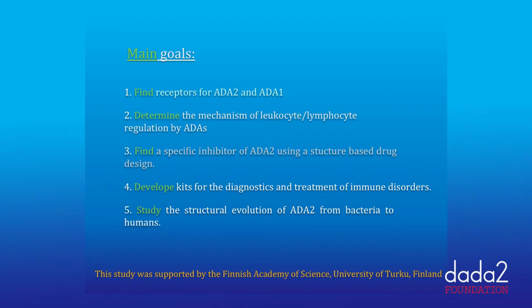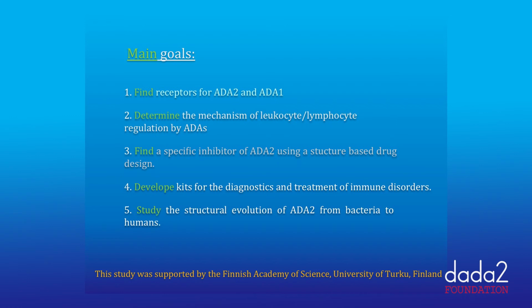So this is the main goal. What we want to do is to find the receptor for AD2 and AD1, of course. Once we know the receptor, we probably know the function of these enzymes. Then we would like to continue working on the mechanism of regulation of activity by adenosine deaminases. Then we want to make a specific inhibitor for AD2 because it's absent now.